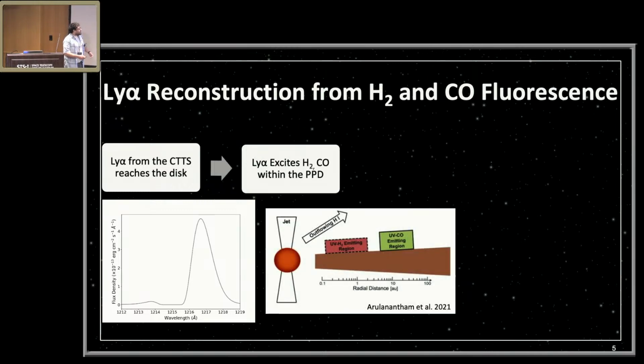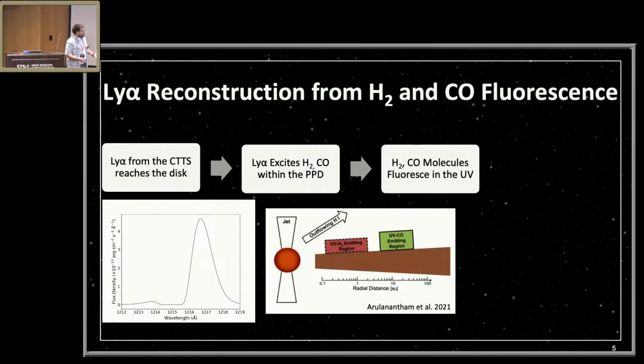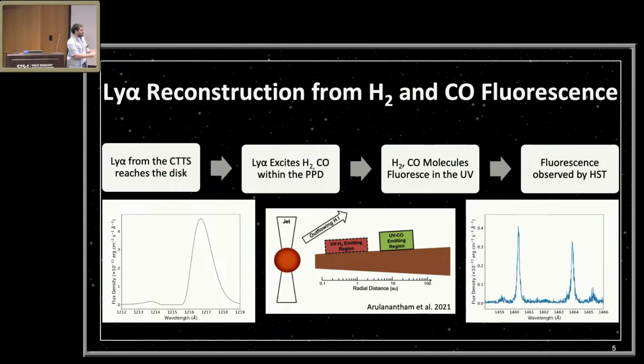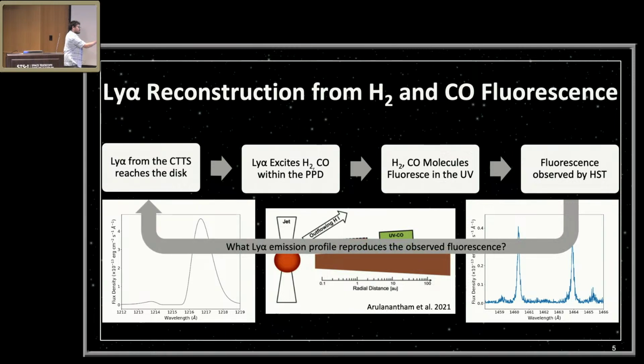This Lyman alpha will then propagate its way through and excite molecular species such as molecular hydrogen and carbon monoxide. These molecules will then fluoresce in the UV, and we observe that in our FUV spectra. The goal is then to figure out what the Lyman alpha profile looked like originally that produces the H2 and CO fluorescence that we see in the spectra.